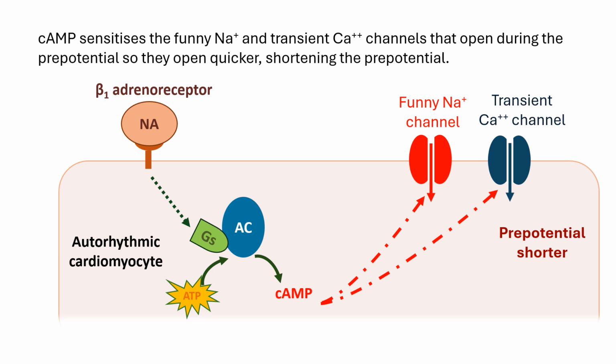If they open quicker, we're going to get more of these ions, sodium and calcium, into the cell, and that's going to make that pre-potential shorter and steeper. So it's going to drive heart rate up.